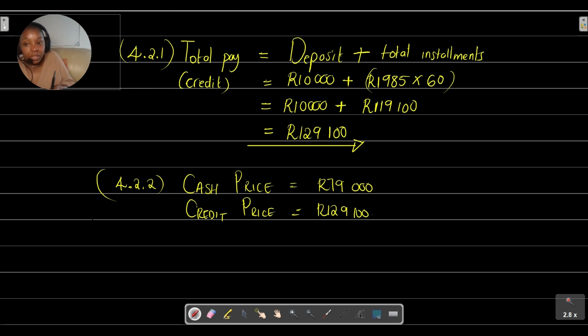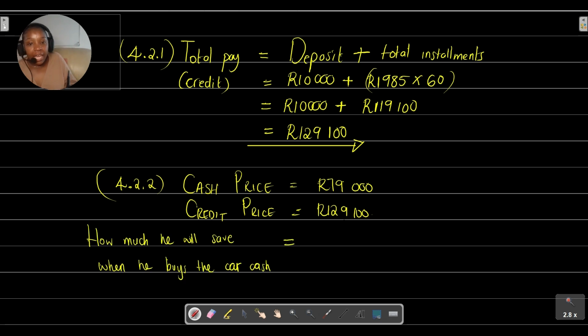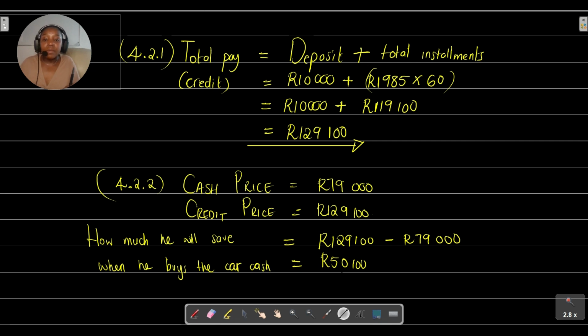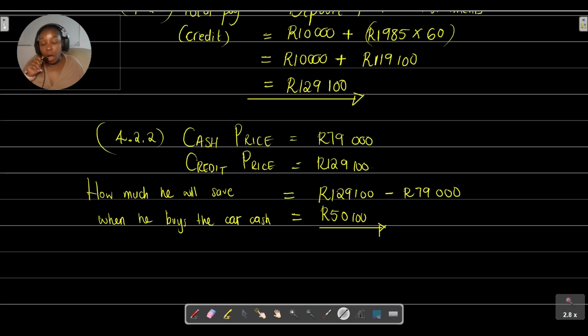So how much he will save when he buys the car cash, you just need to take the difference. So you'll take 129,100 minus 79,000, and that will give us 50,100. So he'll actually save himself 50,100 if he decides to buy the car cash.